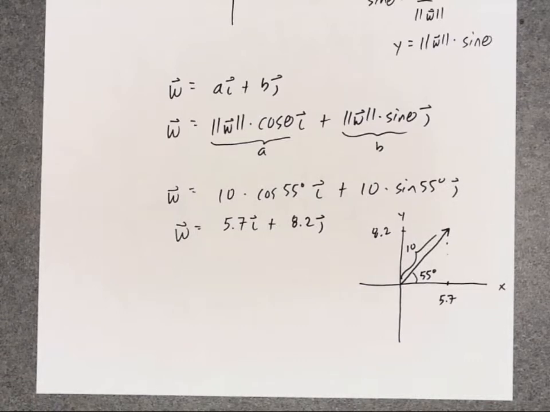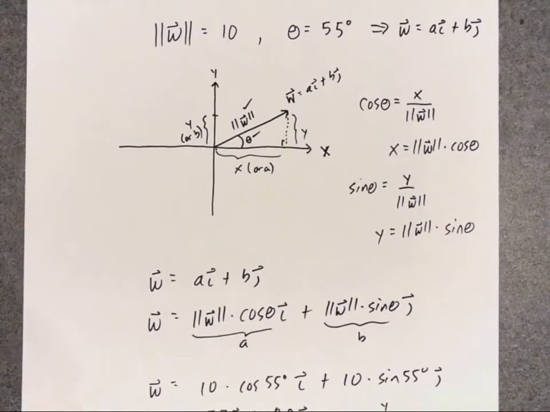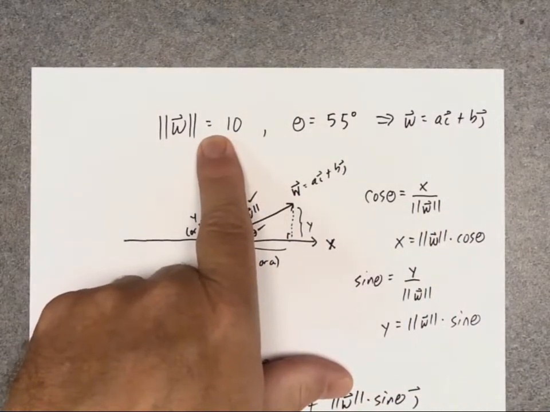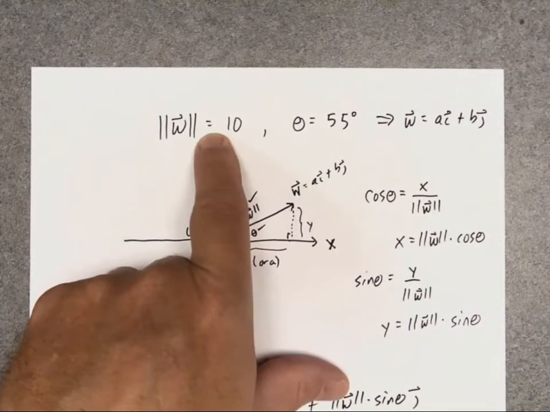Now the good thing about doing this, when we went from ij to magnitude direction, especially when we did the angle part, we had to be careful because we had that inverse tangent. Well, the good thing is when we go from direction magnitude to ij, we don't have to think quite as much.